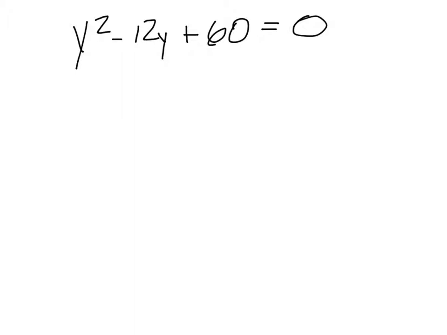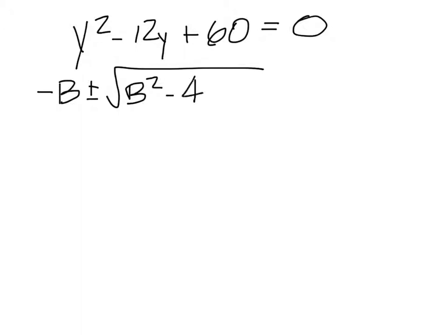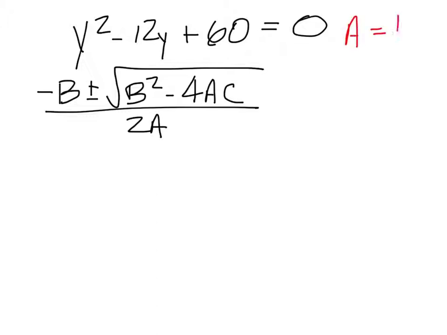Quadratic formula, negative b plus or minus the square root of b squared minus 4ac over 2a. What's a? 1. What's b? Negative 12. And c? 60. All right. So put negative 12 in for b.